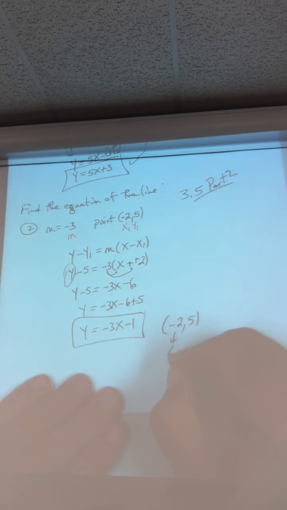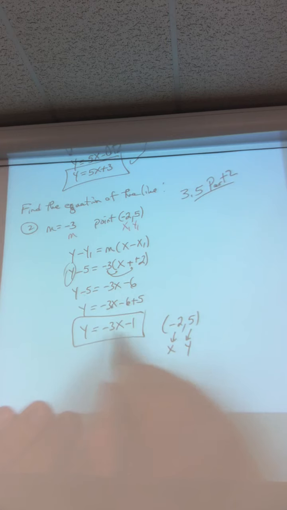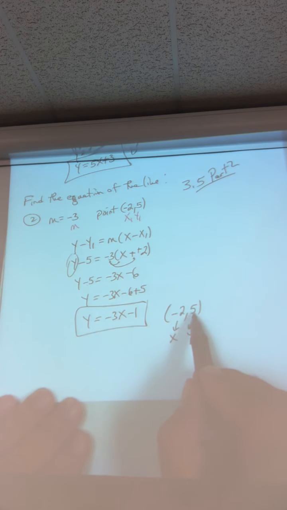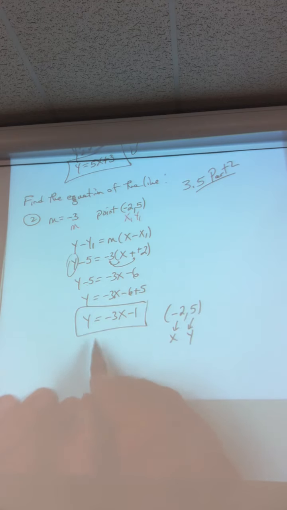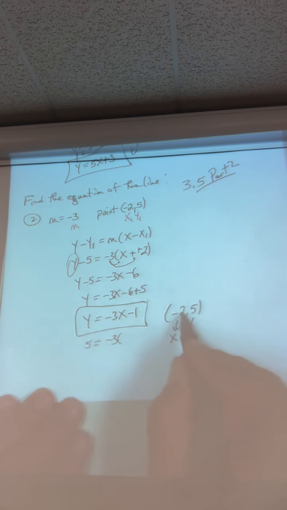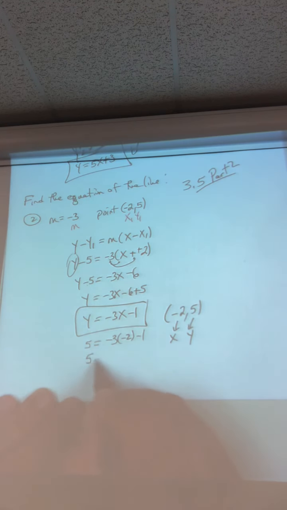If you let this be x and you let that be y, if you graph this line and it goes through that point, that means this ordered pair has to be an answer to this problem. So, let's take 5. You don't have to do this now, just watch. Take 5 and put it in for y, so you get 5 equals -3. Now put the -2 in right here. And this is 5 equals 2.